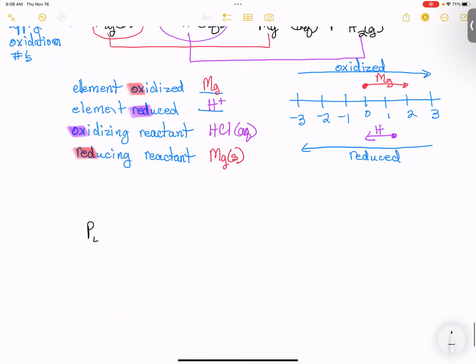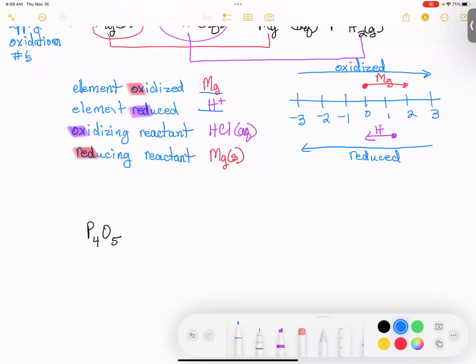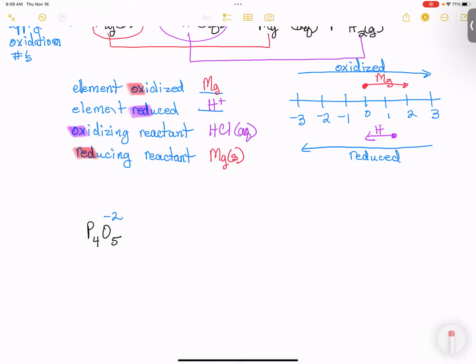Let's say I have P4O5. We can assign oxygen a -2 oxidation state because according to the 4th rule down, oxygen is a -2 unless it is a peroxide. And I will tell you if it's a peroxide. So it's going to be a -2 most of the time, in other words.